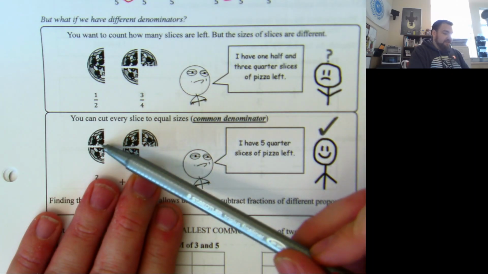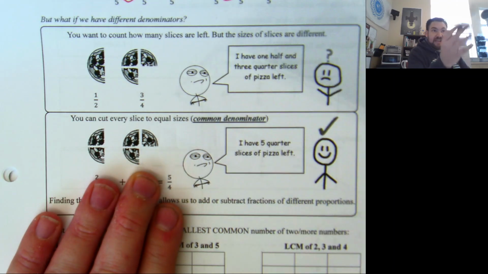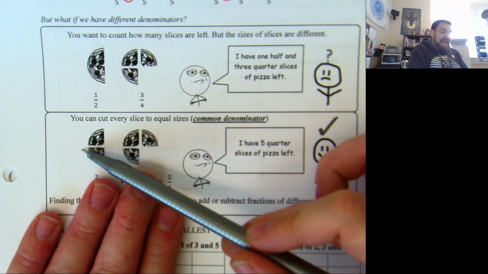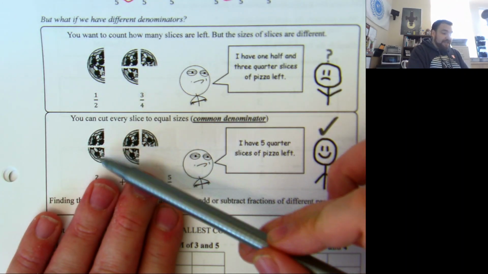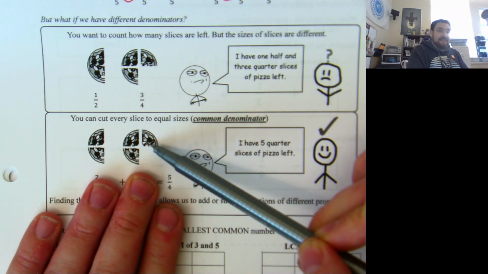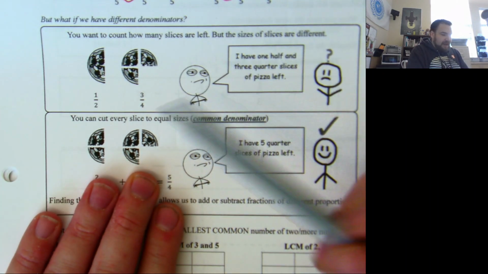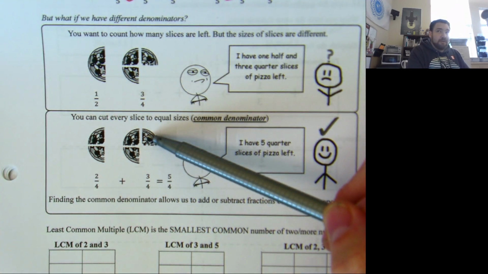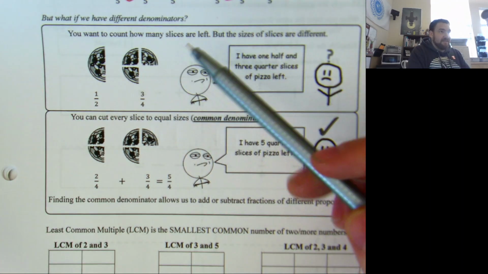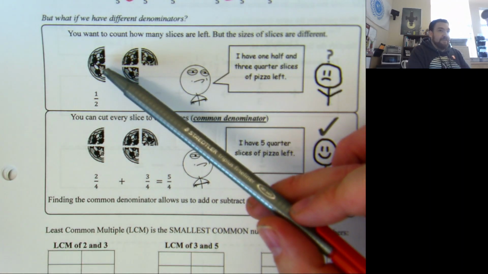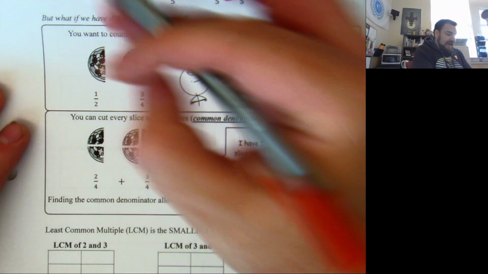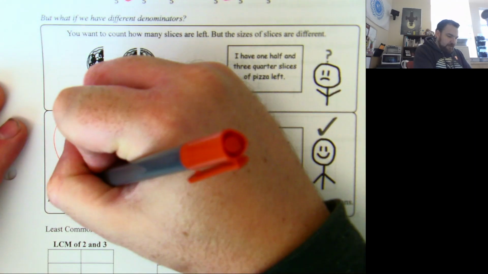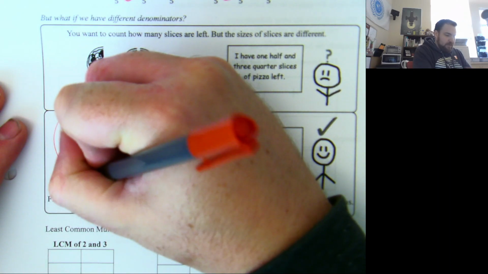Hassan, just look at the picture. Tell me. Yes, Garrett. Yes. So by cutting the half in half, I created 2 pieces that are the same size as these pieces, and now we just count them up. I have 1, 2, 3, 4, 5 quarters. The question is, aside from getting a knife and cutting it up, how do I jump from here to there?